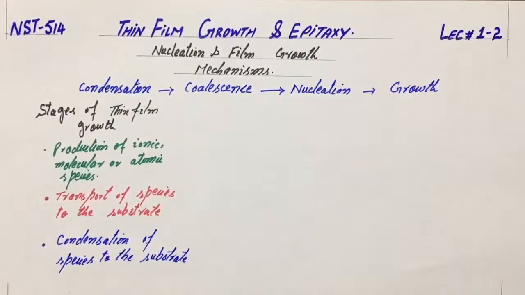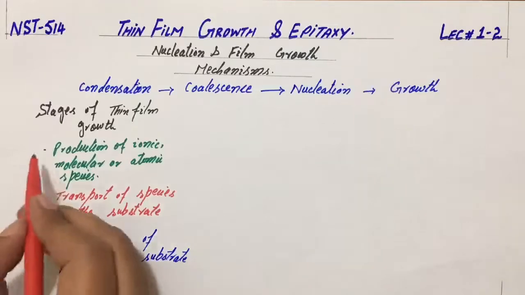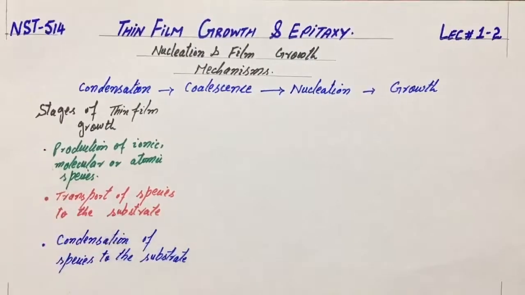So these are the three stages in which a particle is produced and then transported to the substrate surface, and after the condensation the rest of the mechanisms of thin film growth are started.